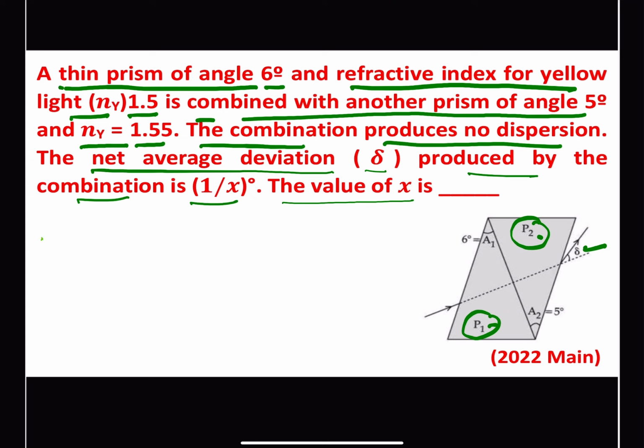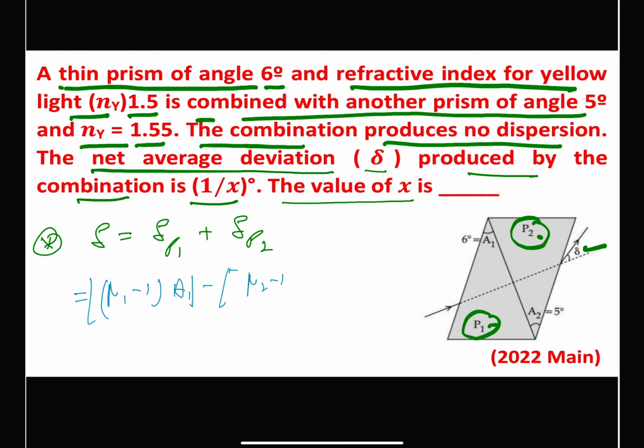So we can write that deviation delta will be equal to deviation because of the prism P1 and deviation because of the prism P2. And we have the standard formula that deviation is equal to refractive index minus 1 multiplied by the angle of prism. So therefore we can write mu1 minus 1 multiplied by A1, minus mu2 minus 1 multiplied by A2.